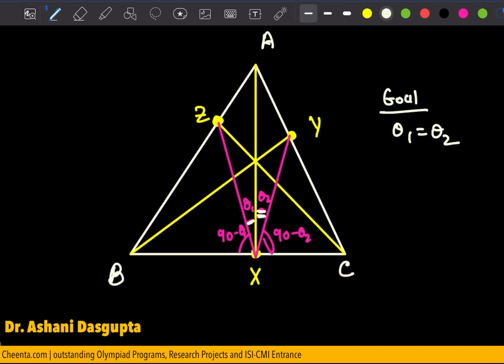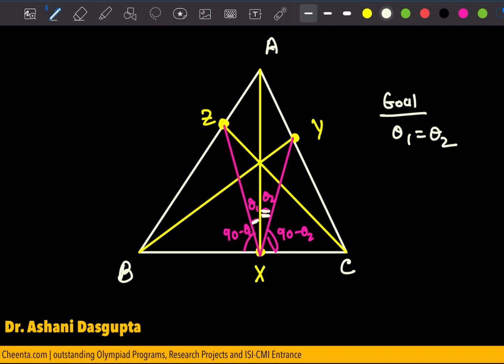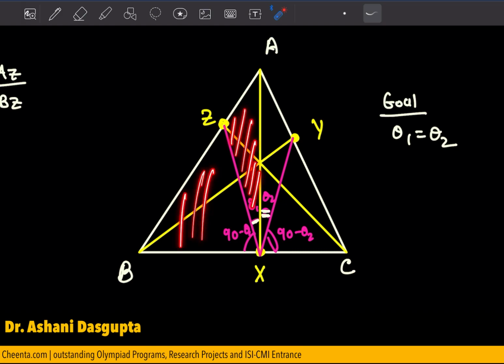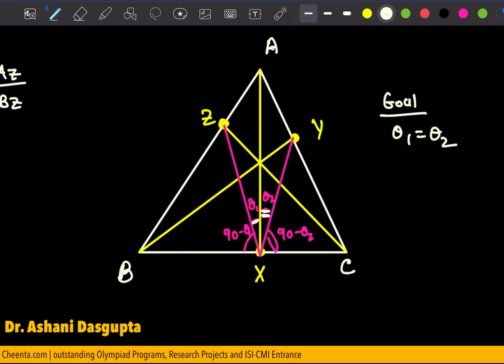So what I'm going to do is compute AZ over BZ. Now notice that it is equal to the ratio of areas of these two triangles, AZX and BZX.